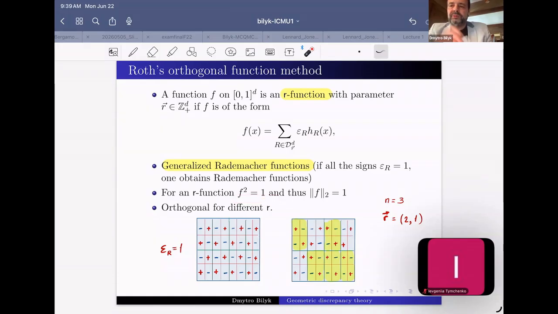So their L2 norm is equal to 1. So they are convenient building blocks. And these functions are orthogonal because Haar functions of different shapes are orthogonal. Okay, so this is an orthonormal system. Okay. If you fix the signs, you get some orthonormal system. Okay, still we haven't gotten to discrepancy.